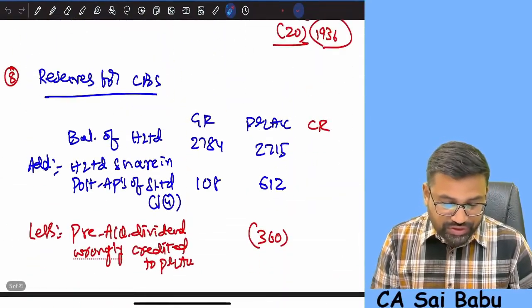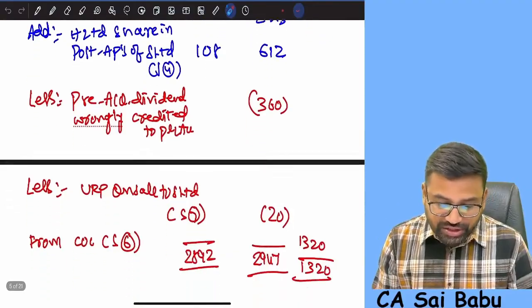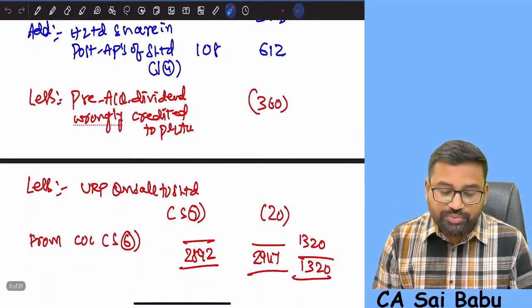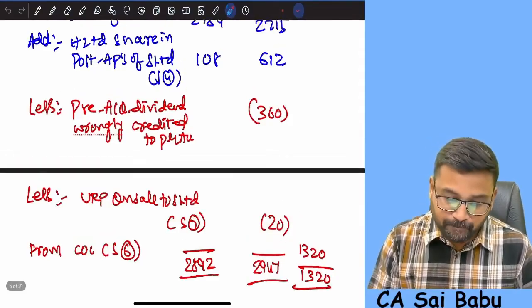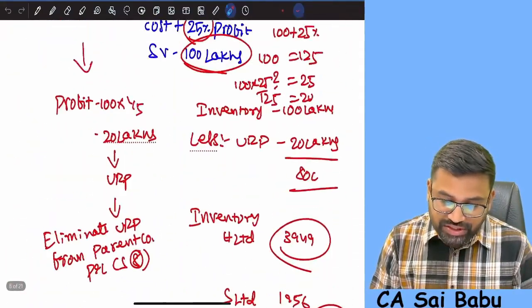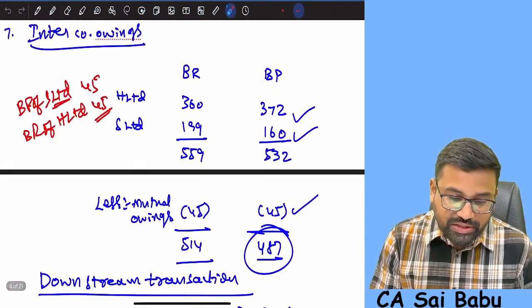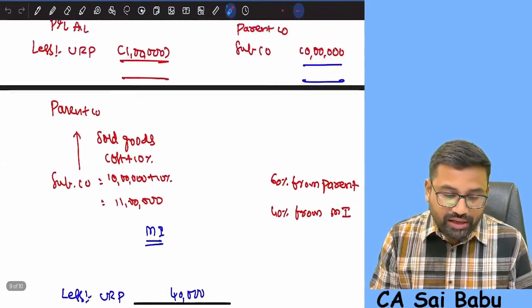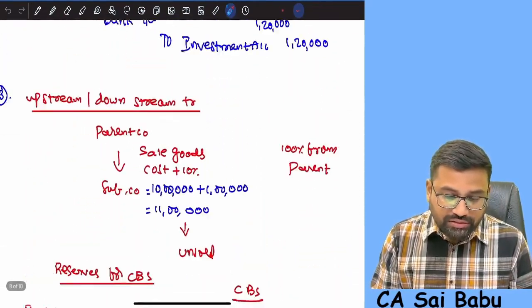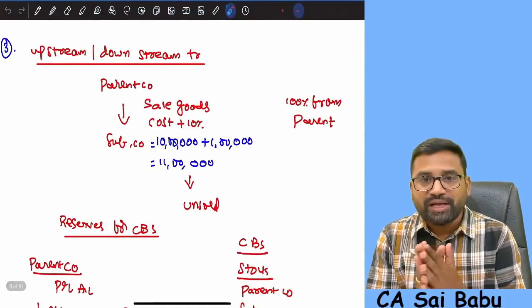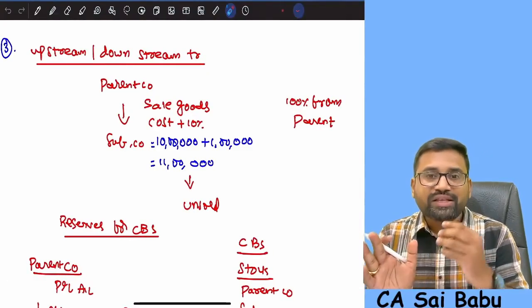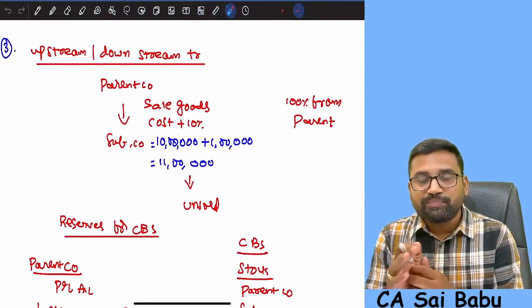I will show you. See this. Reserves for consolidated balance sheet: unrealized profit on sale to subsidiary company 20, eliminate. Okay. So this is another important adjustment. Whenever you are doing consolidation, if there are any transactions that have taken place between the parent and subsidiary, you see whether the transaction is downstream or upstream.